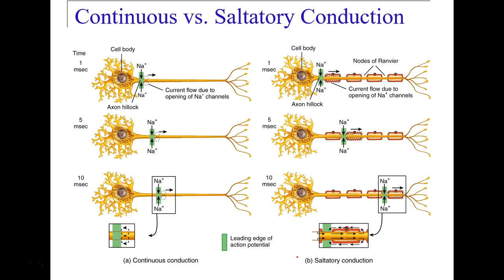This creates faster speeds. So in continuous, we see each area of that axon must open up its channels to allow that action potential to travel. In saltatory, we jump from myelinated area to myelinated area. So this is going to allow us to skip sections of the axon, allowing for a faster propagation.